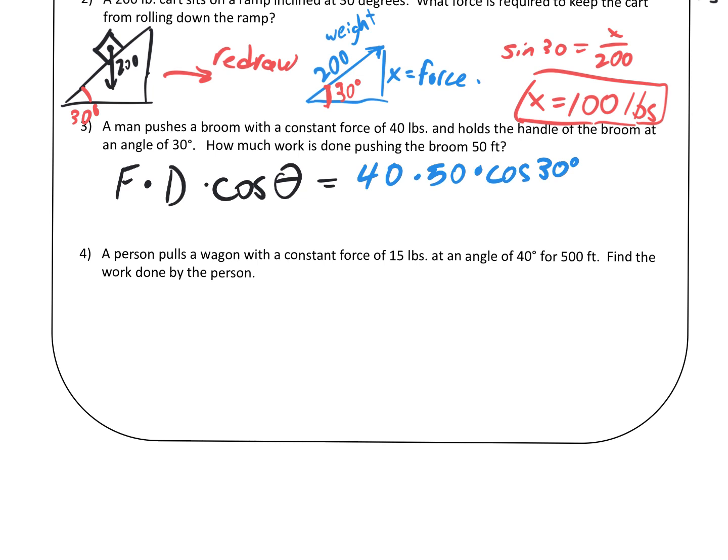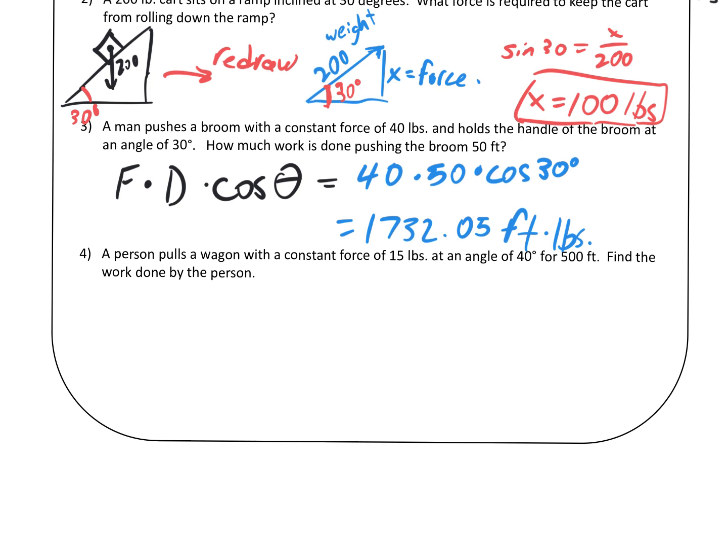If you plug that in your calculator, it'll give you 1732.05, and this is in foot pounds. Foot pounds is the number of feet you traveled against the pounds that you put into that. The cosine is adjusting for the fact that the force you were putting in was not actually all going into the work.